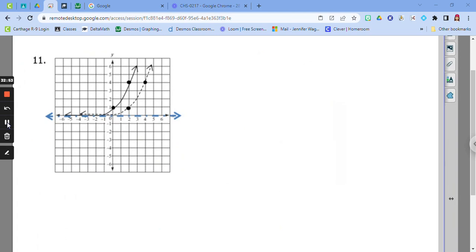So from the original point, or the original y-intercept, how did it change? What's the transformation? It went from what? How many units? What happened to it? Okay.